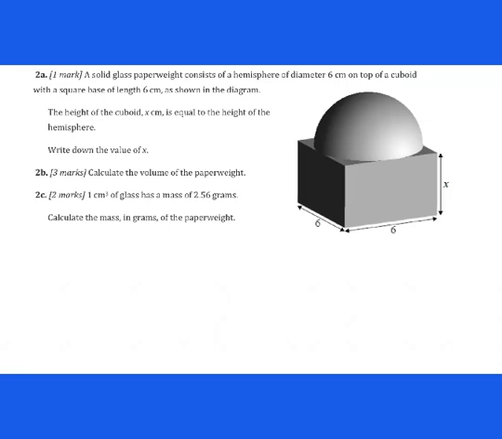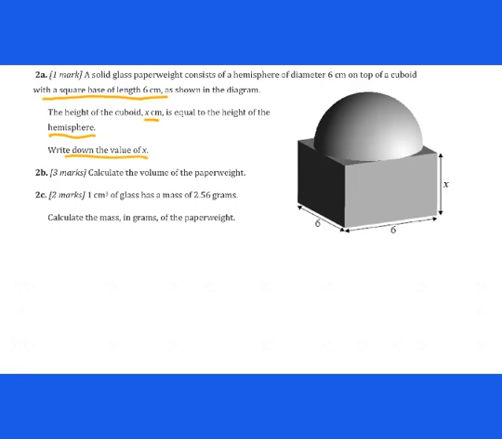Now let's go to 2a. A solid glass paperweight consists of a hemisphere of diameter 6 centimeters on top of a cuboid with a square base of length 6 centimeters, as shown in the diagram. The height of the cuboid, x centimeters, is equal to the height of the hemisphere. Write down the value of x.